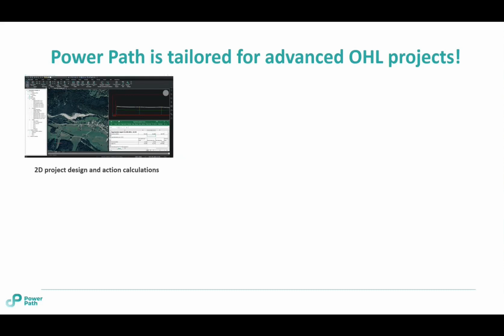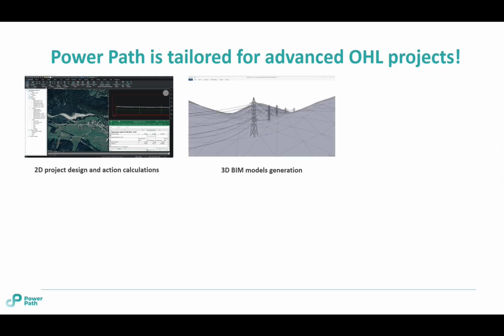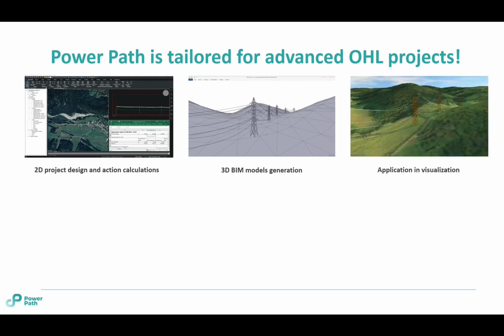What it means with PowerPad, you can create 2D projects of the power lines, and also get calculations on which are actually loads or actions on your power lines. Like we mentioned before, PowerPad provides 3D model generation. It means you can record in IFC format. Of course, when you have record of the power lines in IFC format, you can use it in any of the visualization.